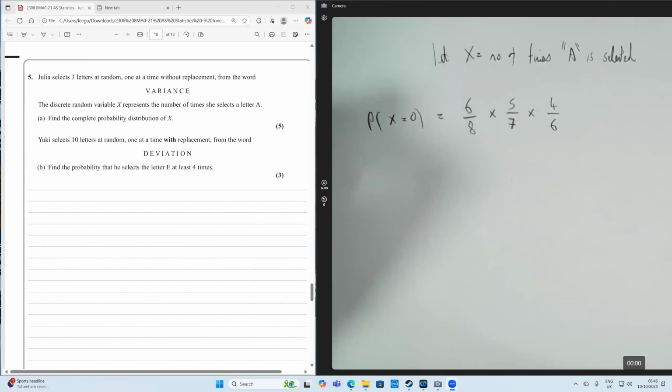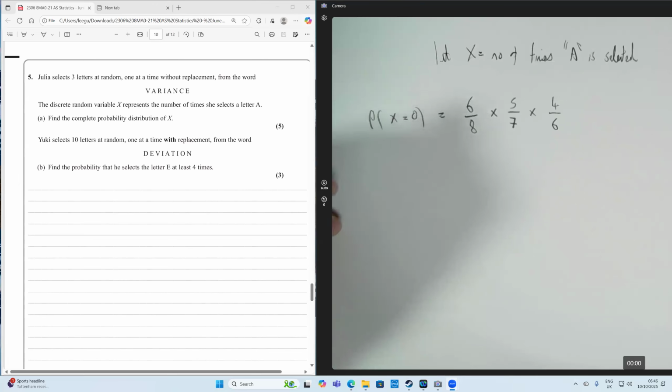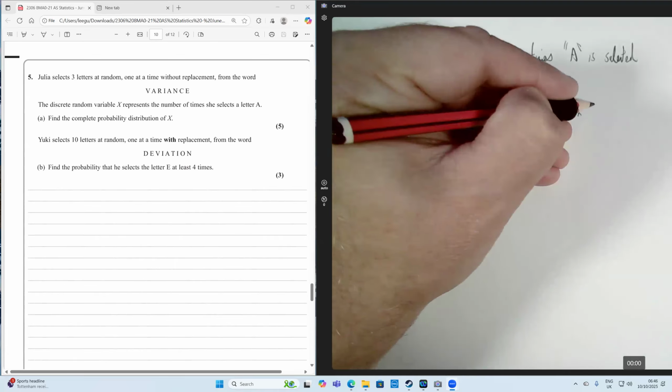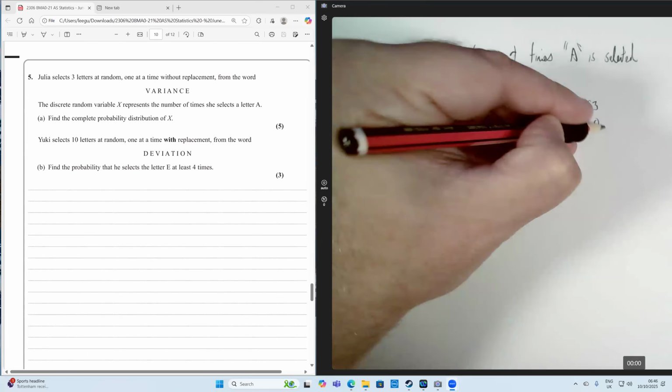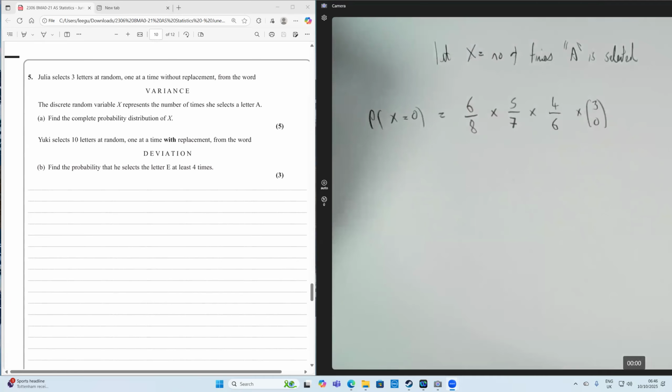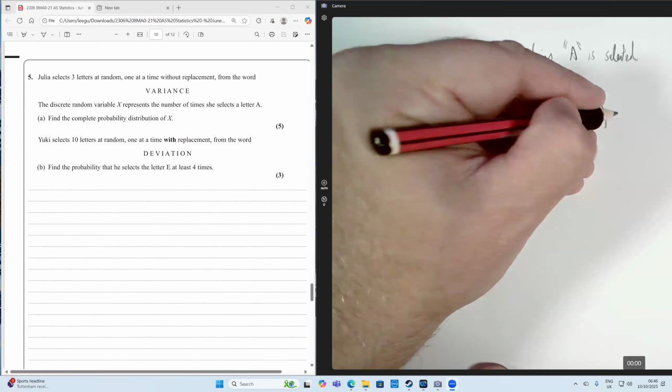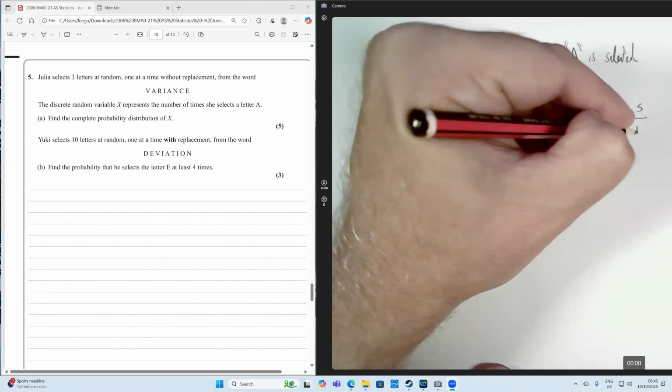There's only one way we can do this, because we do need to think about the order in which this can happen. So this is technically 3 choose 0. If you want, we could say it's times by 3 choose 0. You do have to be careful about that. But 3 choose 0 is 1. So our answer here is 5/14.